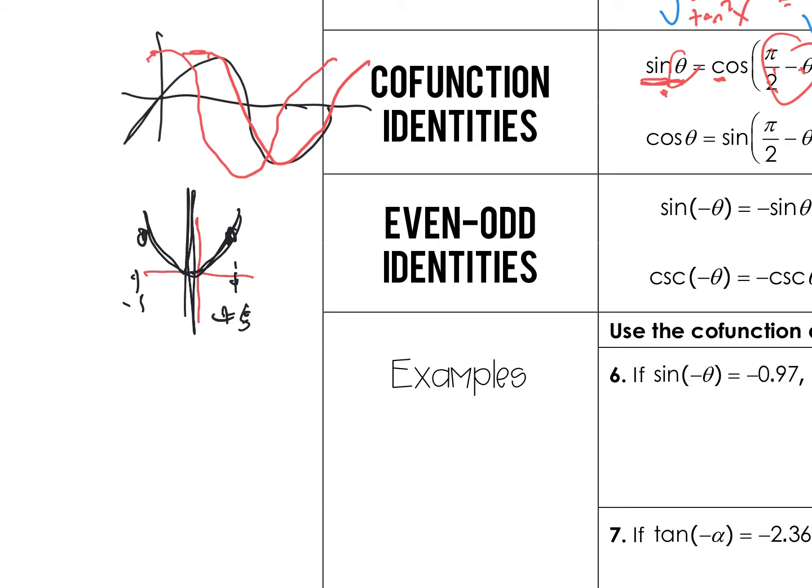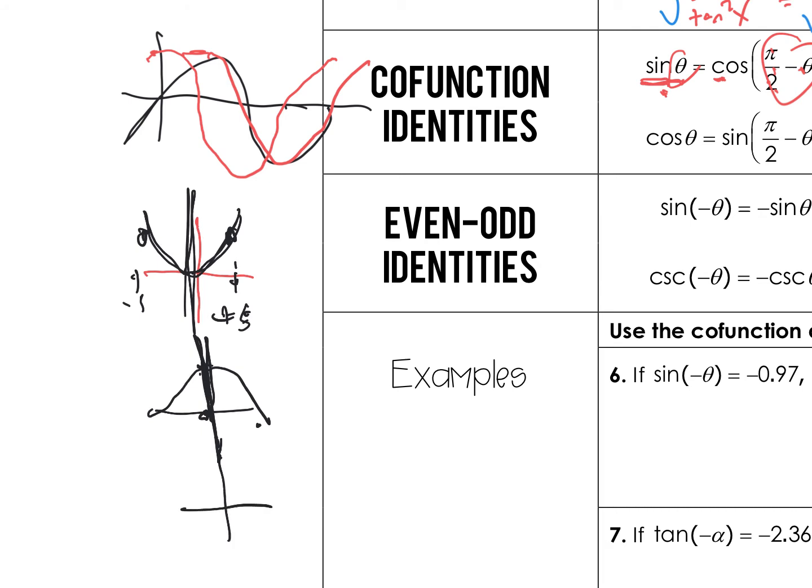That's what an even function is. And if you think about it, the cosine graph is an even function because you have symmetry on the y-axis. So cosine is an even function.